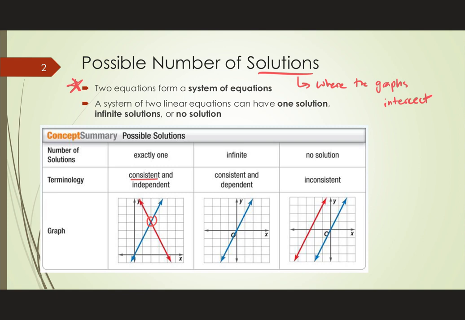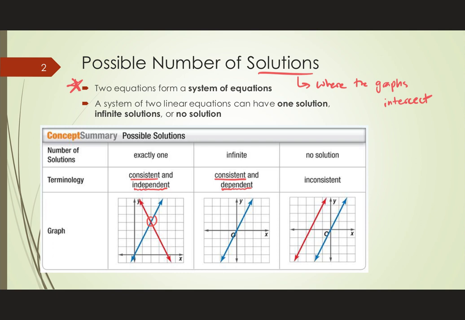So both exactly one and infinitely many are consistent graphs because they have at least one solution. Independent means there is only one solution. So consistent means there is a solution, independent, only one, which is why dependent is used for the infinitely many, because that means that there is more than one solution.